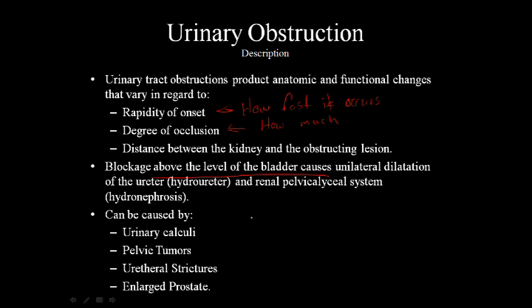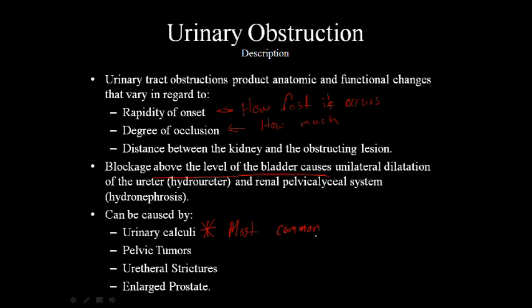And we see that they can be caused by urinary calculi, which is the most common, as we saw. But that's not to say that we can't have a pelvic tumor, urethral stricture, or enlarged prostate to cause all of these. So typically we think that it's urinary calculi, which is the most common. But you can have other things that cause stricture or occlusion as well.